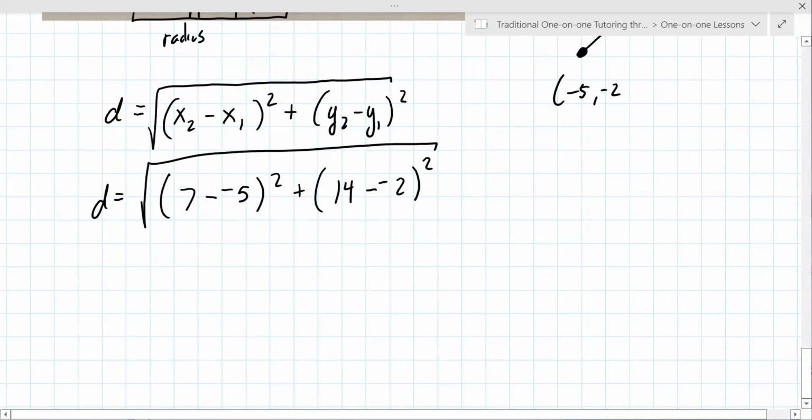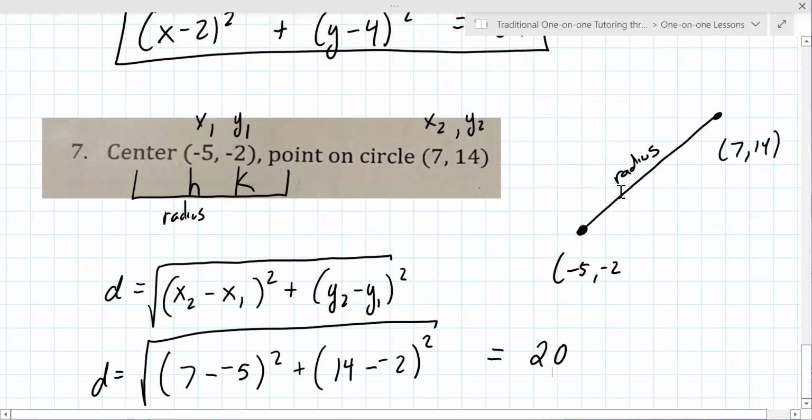Get that down. If you put that in your calculator, you end up getting 20. And that is the radius. The radius of this problem is now 20.